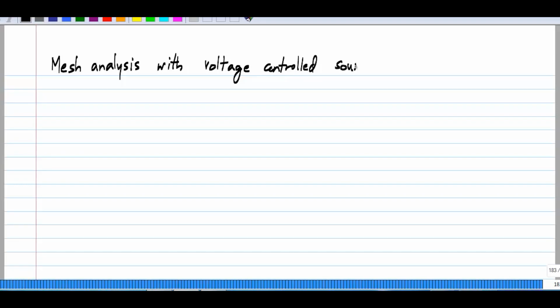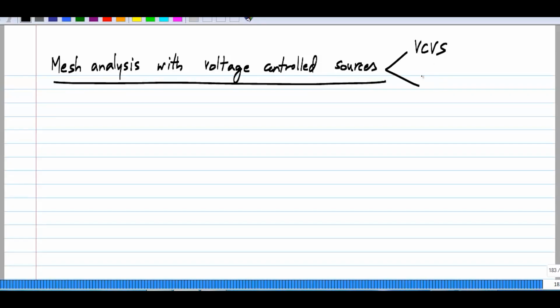Now we'll look at how to carry out mesh analysis when we have voltage controlled sources. That is a voltage controlled voltage source or a voltage controlled current source.